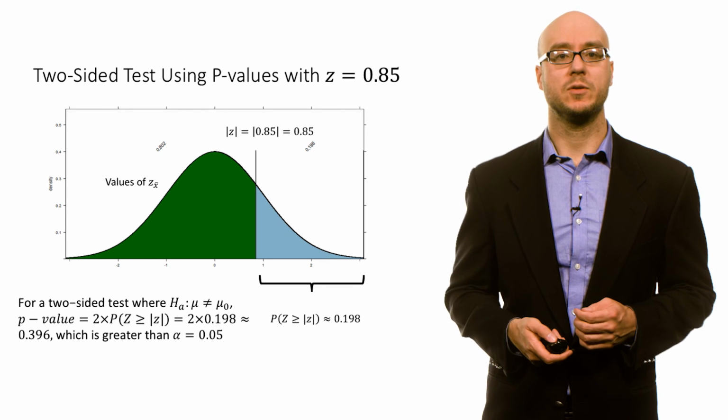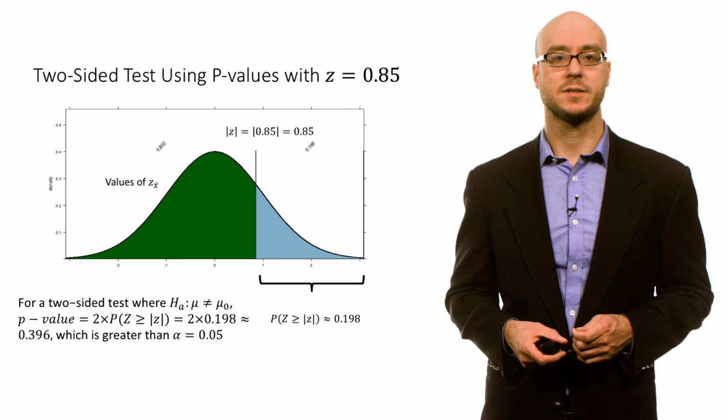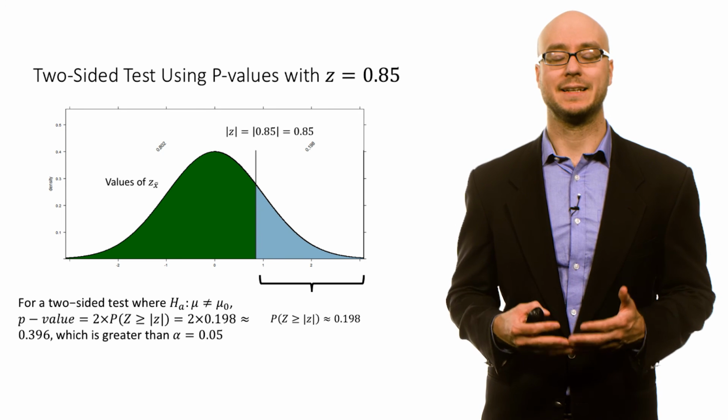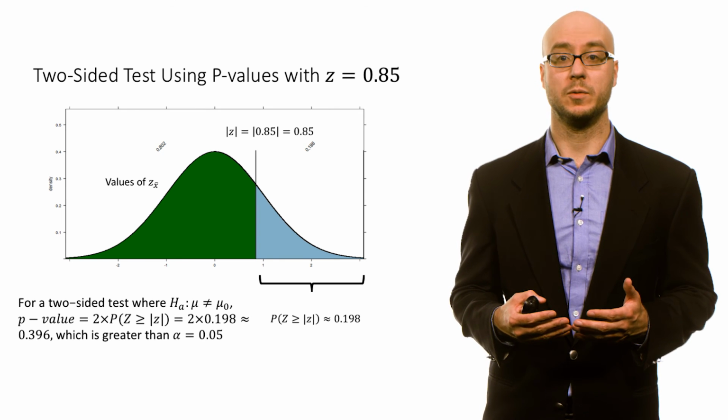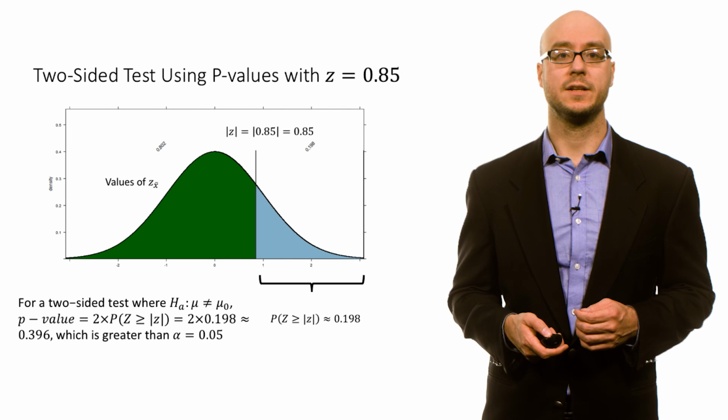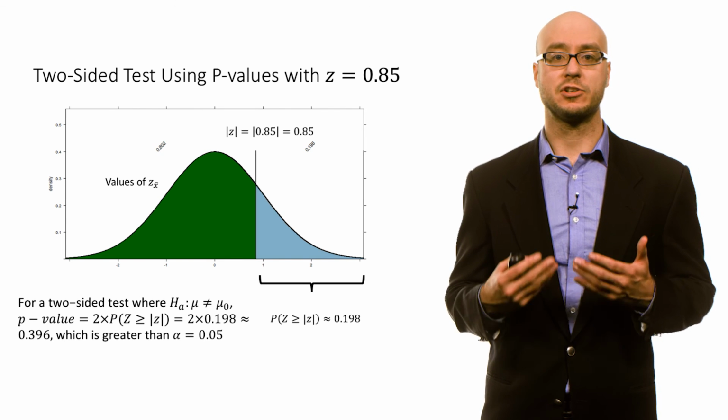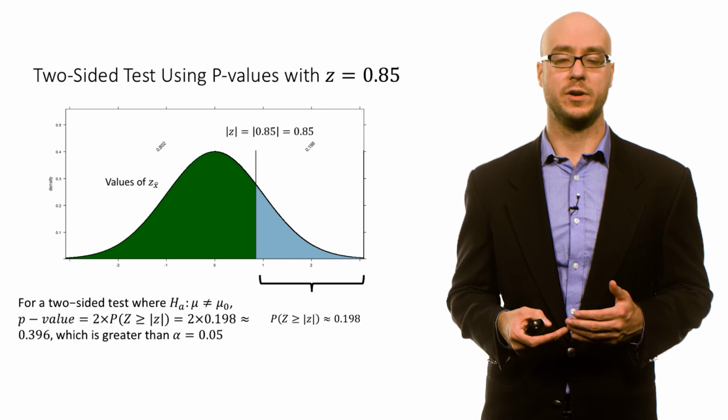And we have this p-value of 0.396. Now this is the probability of obtaining a test statistic as or more extreme than the one we obtained under a two-sided test. And this is greater than alpha of 0.05. The p-value of 0.396 is greater than 0.05, so we fail to reject the null using a z-test statistic of 0.85 under a two-sided test.